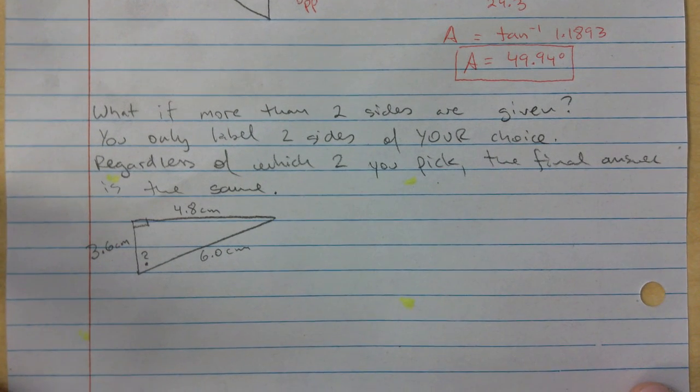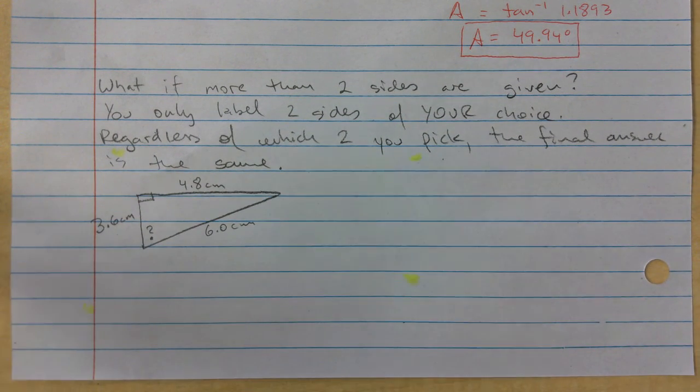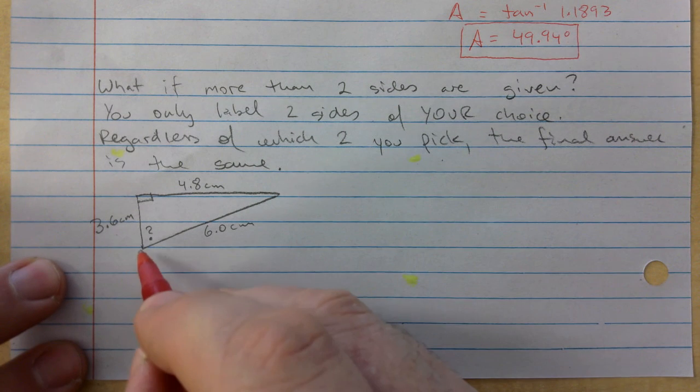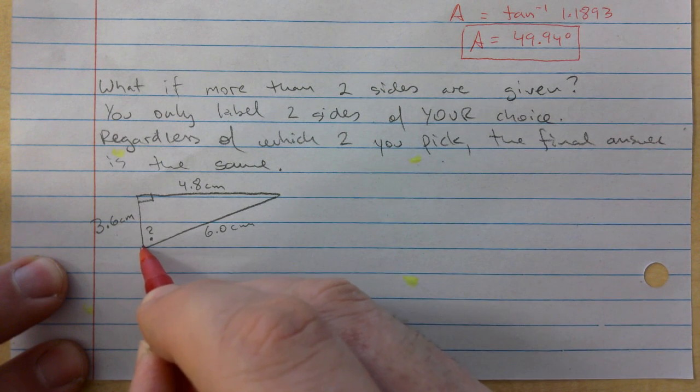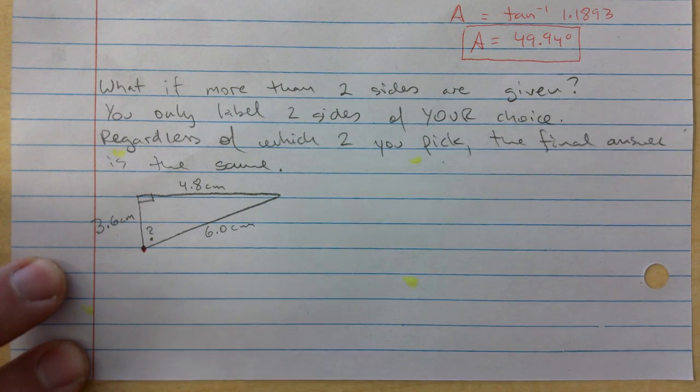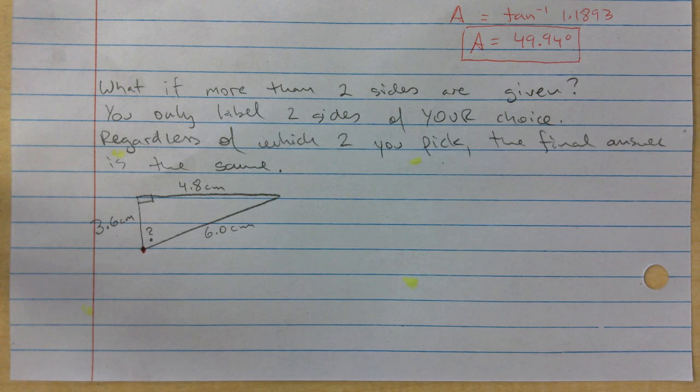So all three sides are given, meaning now you need to narrow it down to just two sides, right? So what I will do here is, this is my reference angle. Okay. I'll wait a little bit, make sure you have it written down.